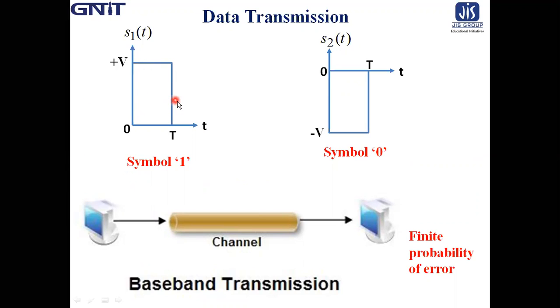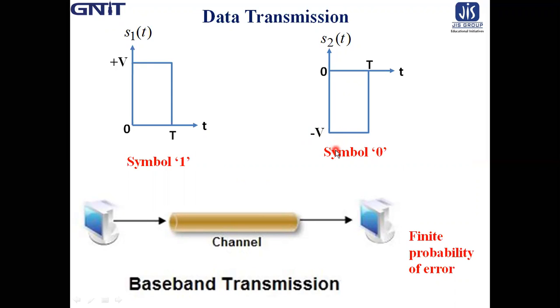For example, 1 may be represented by a voltage plus V held for a time t 0 to t, and 0 is represented by a voltage, say minus V, held for an equal time.